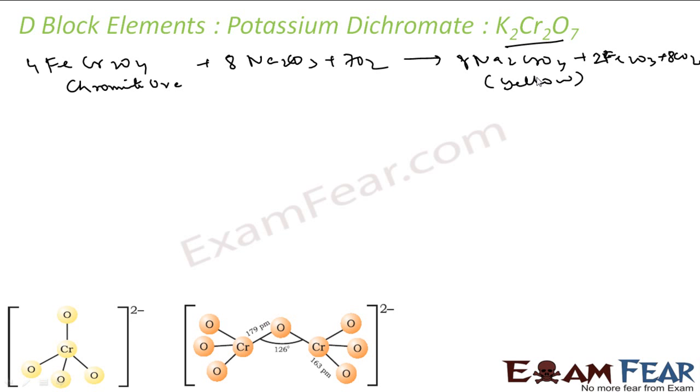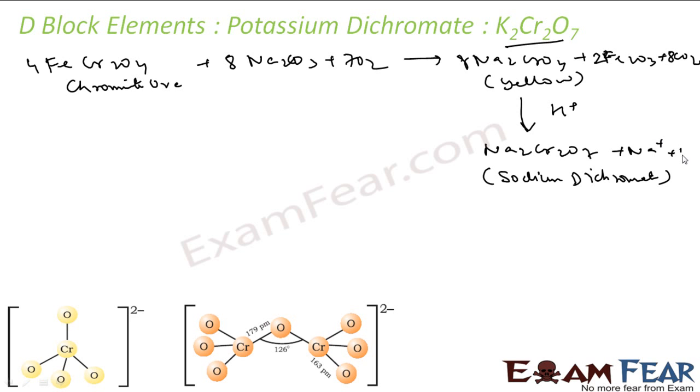Once you get Na2CrO4, you filter this and acidify it with sulfuric acid, so you add H+ to it. What you get is Na2Cr2O7, which is called sodium dichromate, and you also get Na+ ions and water.